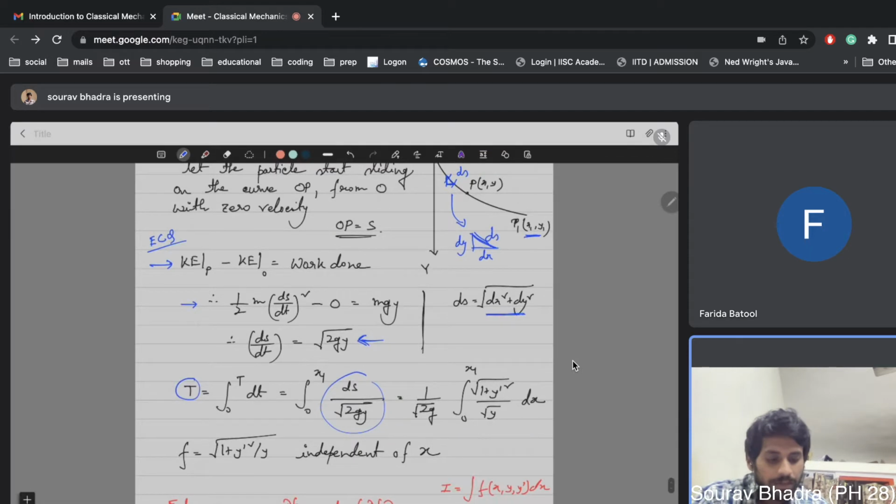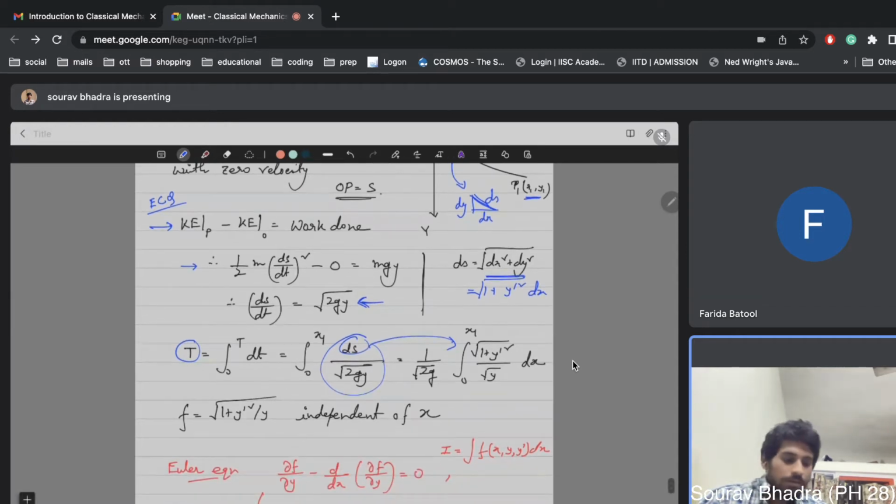Replacing ds by the square root of dx square plus dy square, taking dx square common under the root, we get the square root of 1 plus y dash square times dx, where y dash means dy/dx.